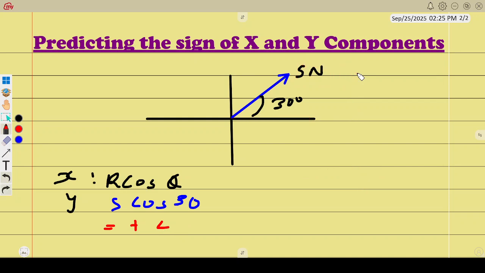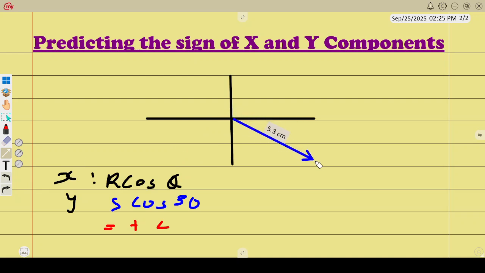Let me give you quite a different scenario so that you understand this very well. Let's say we have a vector going like that. Maybe this is 5 and this angle is 60.